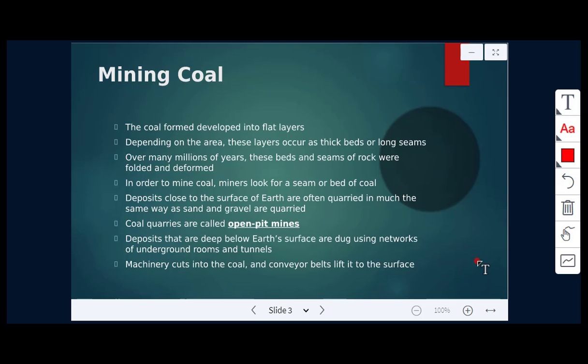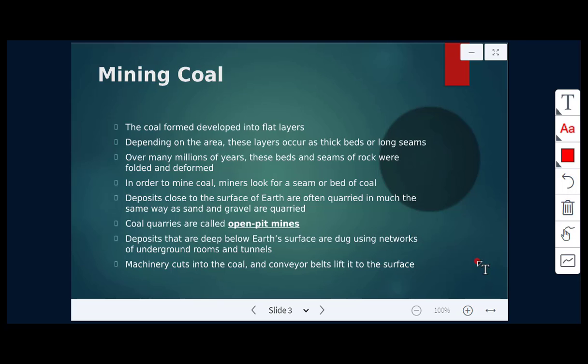How is coal mined? Like those videos showed, the coal that gets formed is developed into flat layers. Depending on the area, they occur as thick beds or long seams. Over millions of years, these beds and seams of rock got folded and deformed, and then miners have to look for that seam or that bed of coal.